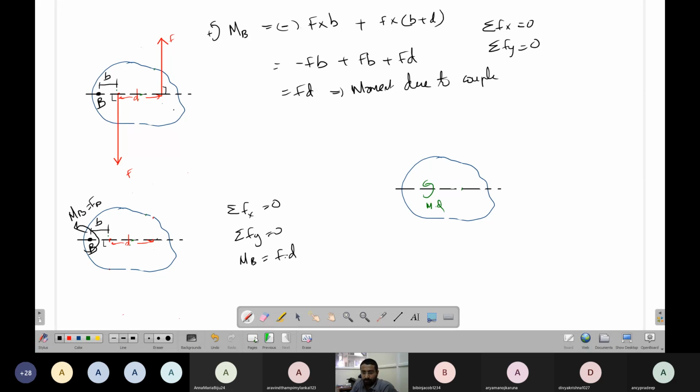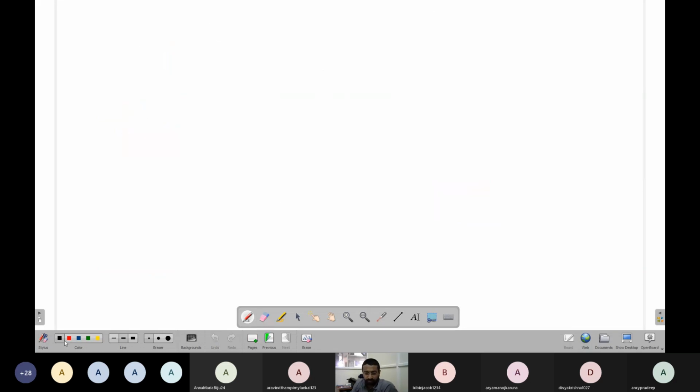Now what if I ask you, there is a rod here, there is some force here, some force here. Let's say this force is 10 kilonewtons. This distance is, let's say, 3 meters. This distance is, let's say, 4 meters.